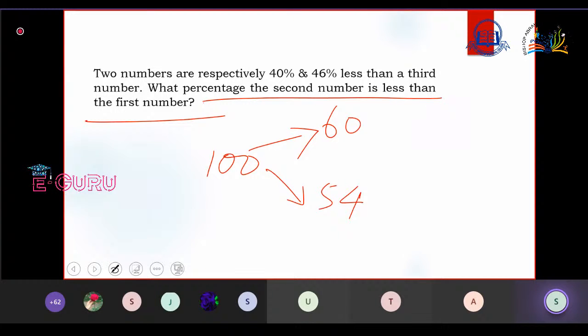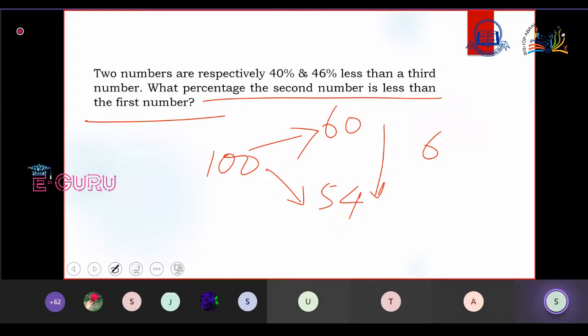Just remove this idea of percentage from your mind in terms of numerical concept. How much less is the second number than the first number? If you ask yourself, we will get the answer 6, right? The second number is 6 less than the first number.